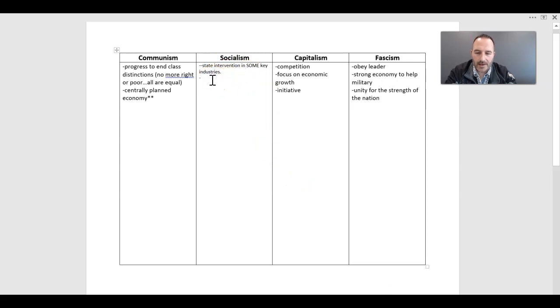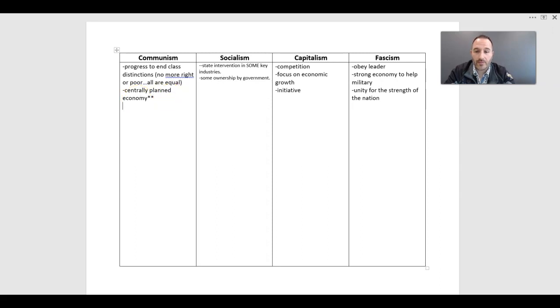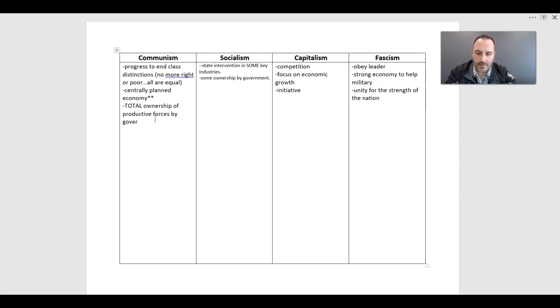We'll say some ownership by government. And then over on the far left, we're going to put total ownership of, we'll say, productive forces by government.